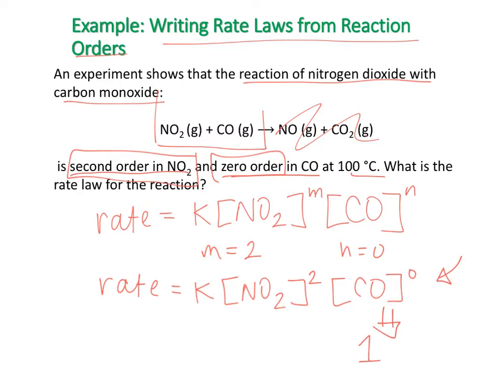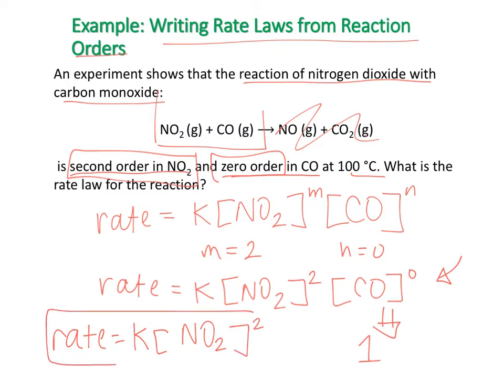So that's why we can omit it. So if you wanted to simplify this further, we could just write rate equals K NO2 squared. So this would also be correct for our final rate law.